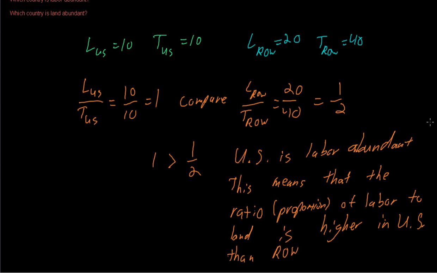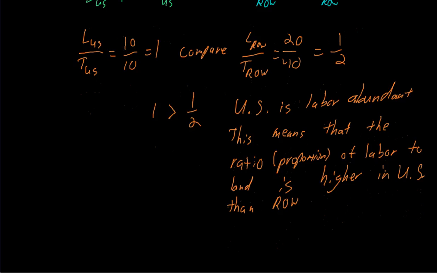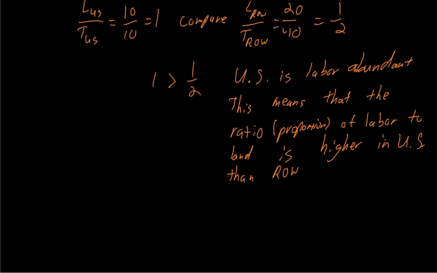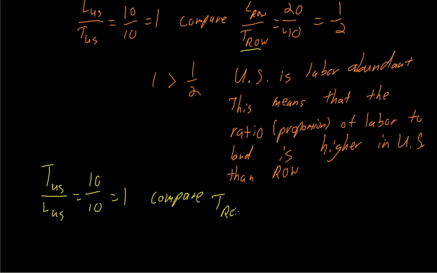And now we're going to do the exact same thing for land. We will compare the land in the US over the labor in the US, which is still 10 over 10, which is equal to 1. And we will compare that to the land in the rest of the world, which is 40 divided by the amount of labor in the rest of the world, which is 20.